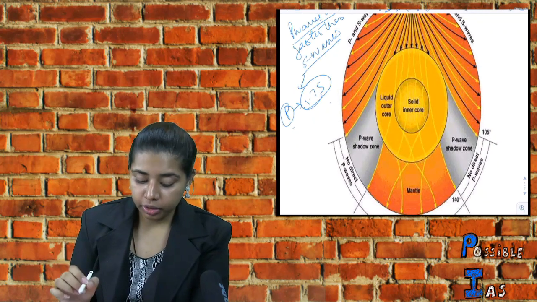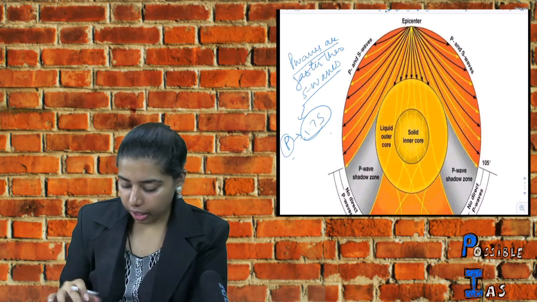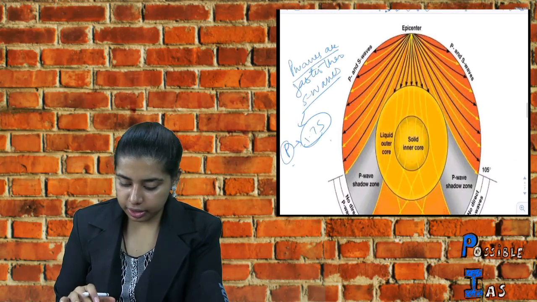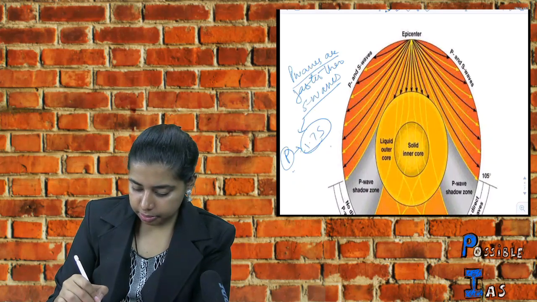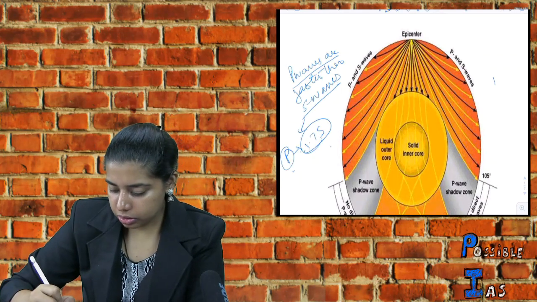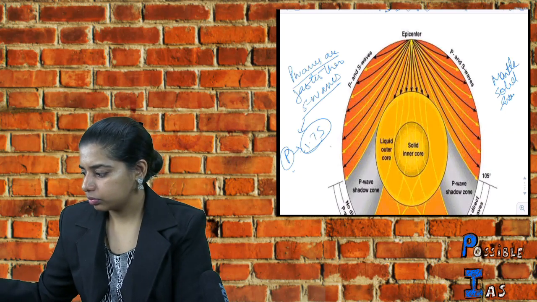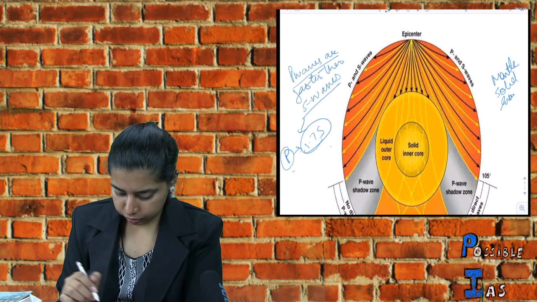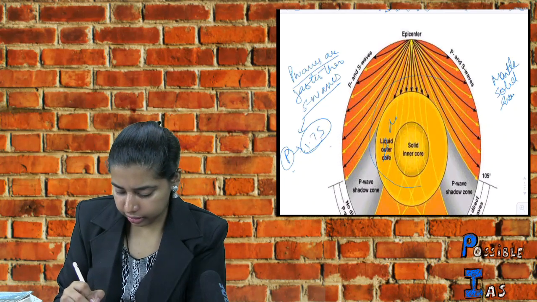Now what happens is that the part of the earth which is solid, both P and S waves will pass through. So we have the crust, mantle and core.